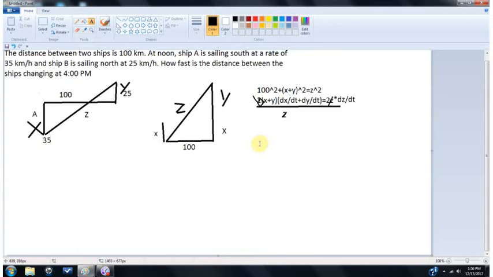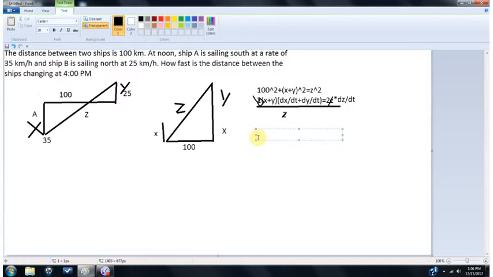So far we know that our dx over dt is equal to 35 for ship A, and for ship B, dy over dt is set equal to 25.